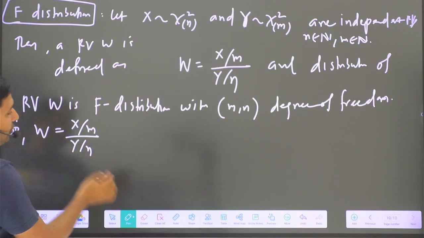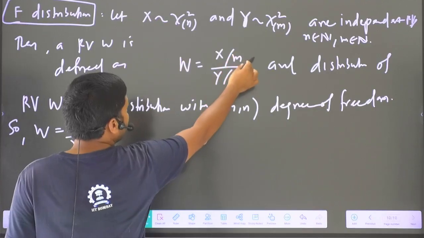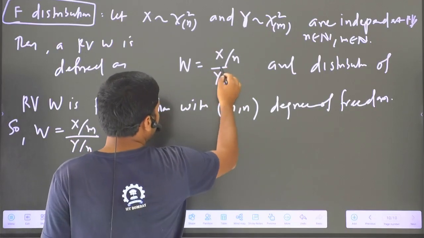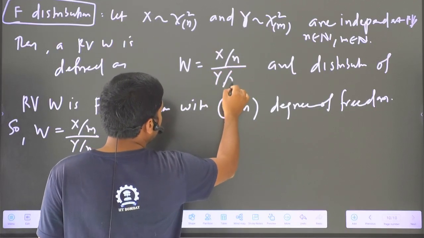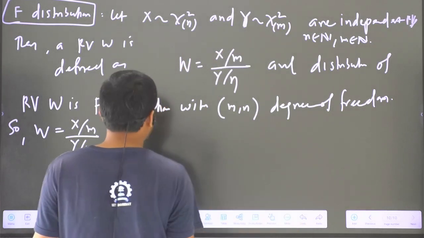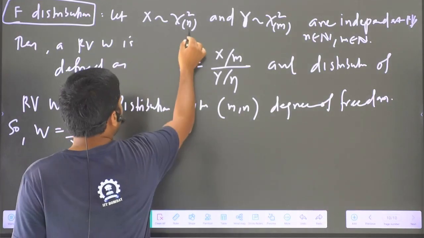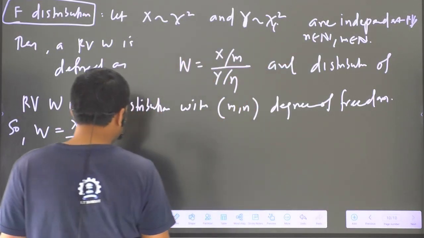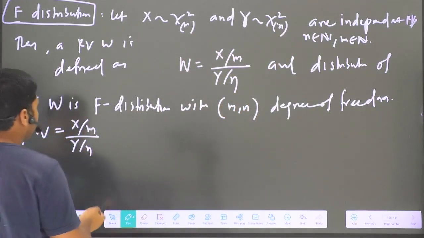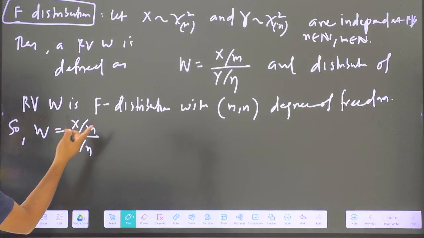Oh, one minute, something is wrong. We have to divide by the degrees of freedom, so I have to change it here. So X is chi-square with M degrees of freedom, Y is chi-square with N degrees of freedom. Now it's fine.